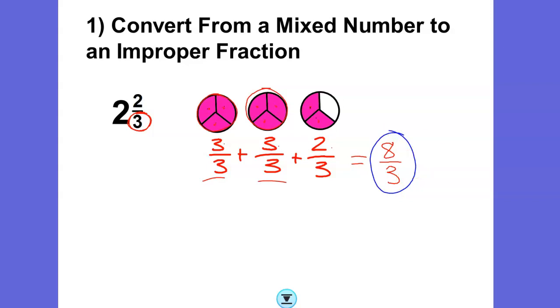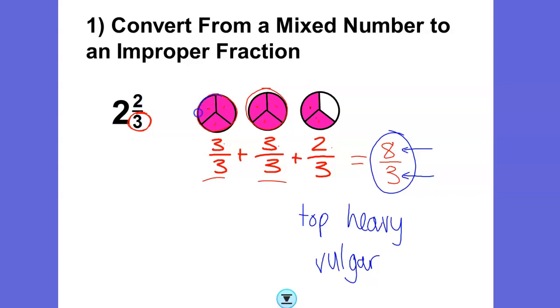The top number, the numerator, is bigger than the denominator. We call these improper fractions, or sometimes top-heavy fractions, because the top is heavier than the bottom, and also sometimes called vulgar fractions.